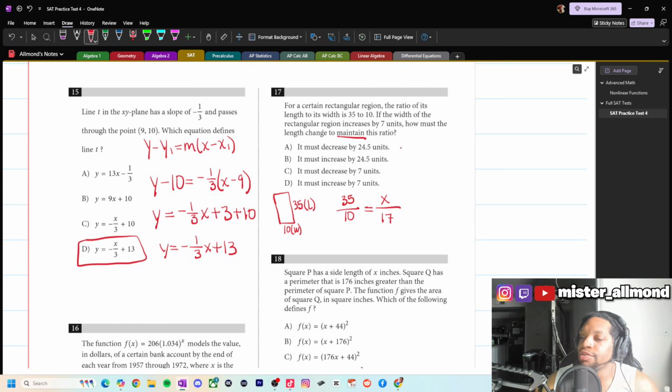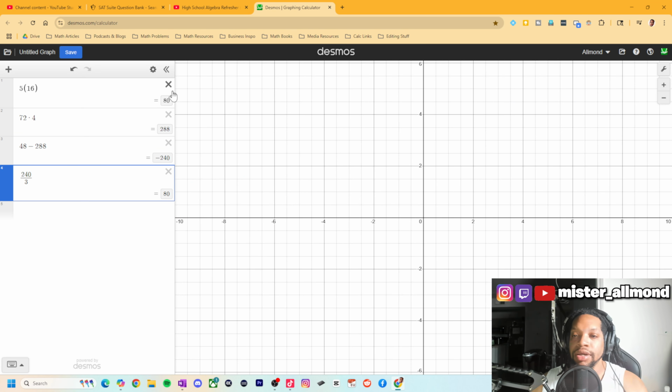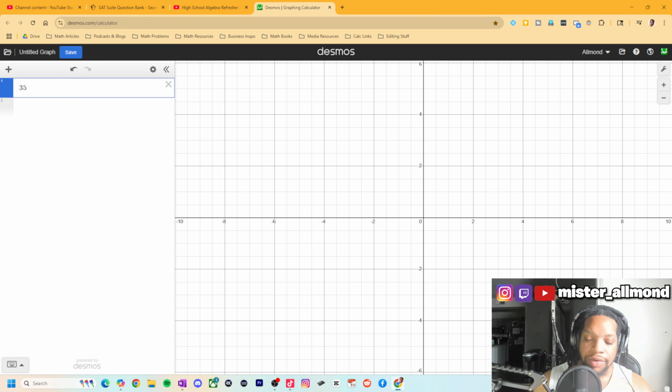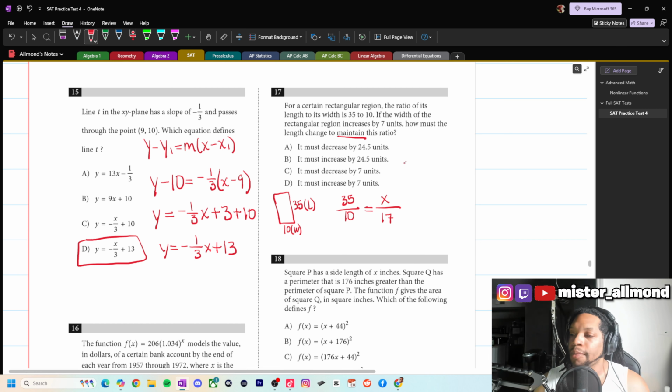So if I got fraction equals fraction, I'm going to cross multiply. So 35 times 17. What is that? Hold on, let me clear these out. 35 times 17, 595. And then that'll be 10x.